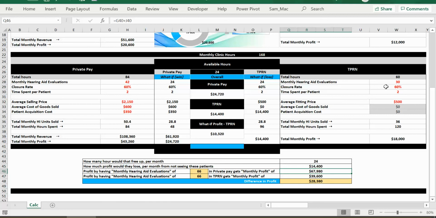You don't have to put in that big a difference. You can start with 42, like here, so that it'll all be zeros, because you can see these values match, as there is no what-if in this case. But what if you move only one monthly evaluation?